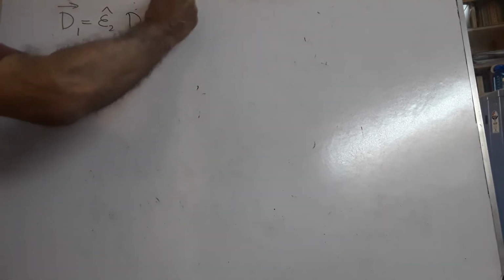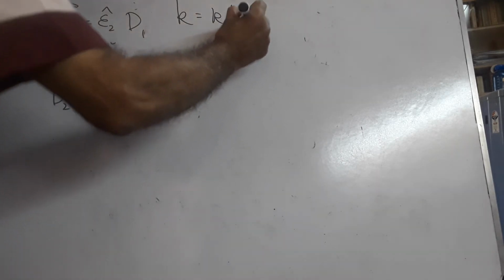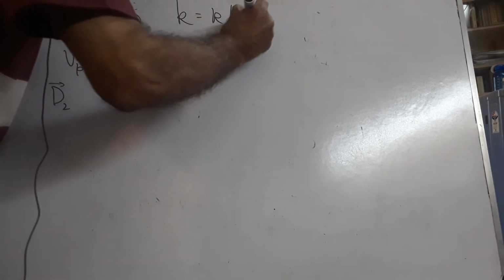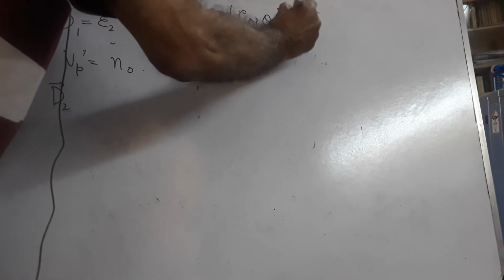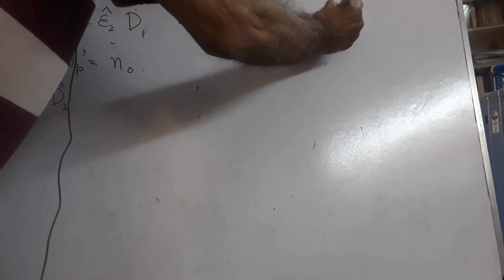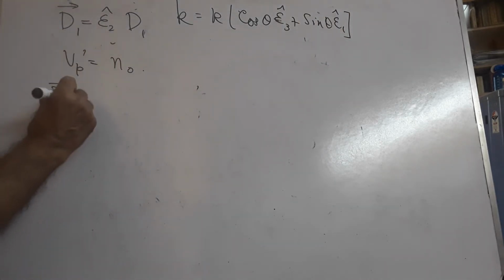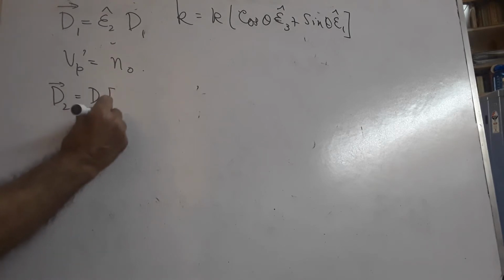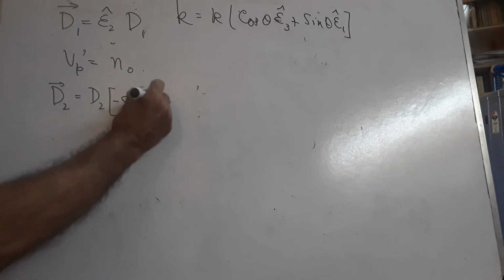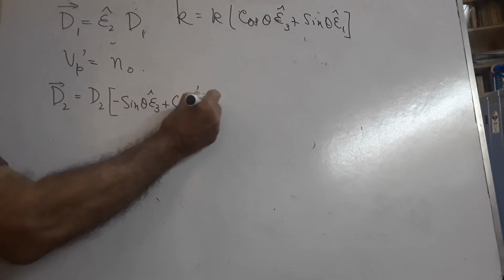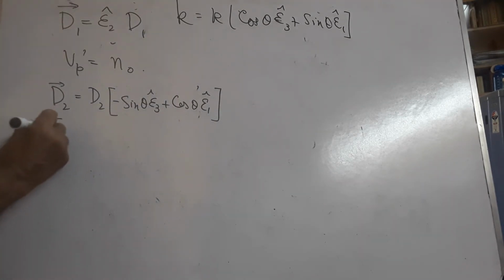Remember, my k vector was k times cos theta epsilon 3 plus sin theta epsilon 1, and now D2 will be perpendicular to it, so I will write D2 as minus sin theta epsilon 3 plus cos theta epsilon 1. That makes it perpendicular. But what about E2?